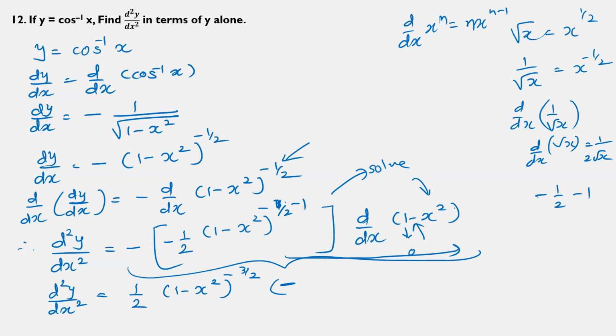And x square gives 2x, so again minus sign, but the 2 got cancelled. So that means my d2y by dx2 is equal to minus x upon 1 minus x square to the power 3 by 2. Is it okay if I write this one?